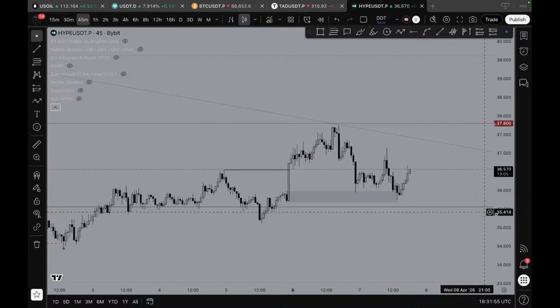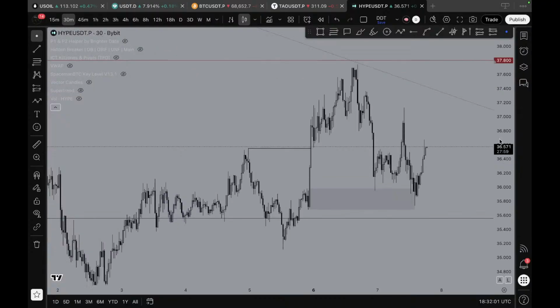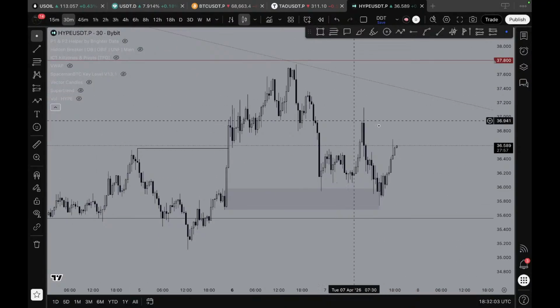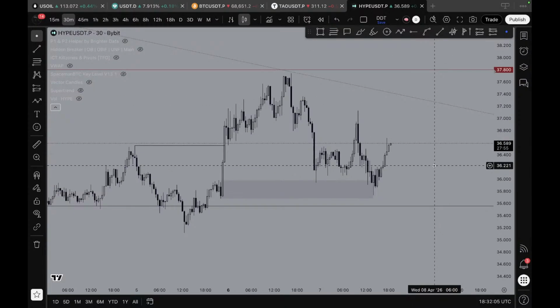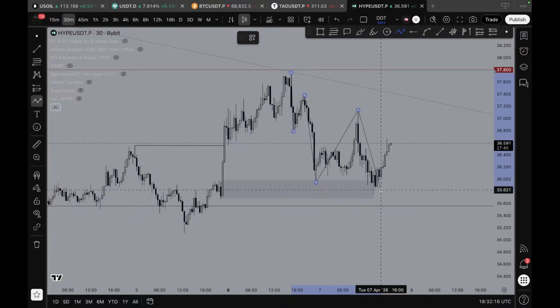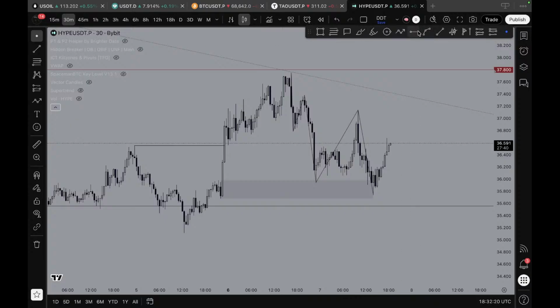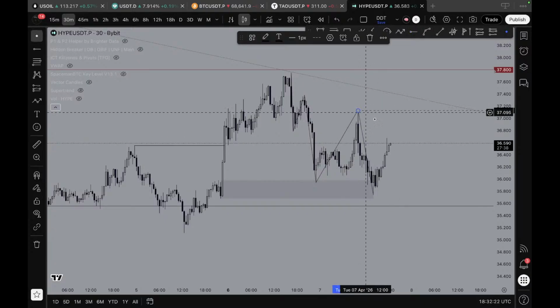It is a bit hard how it is forming itself, but I'm super interested in longs. The question only is where to get into the position. Basically, have a look from the high: low, lower high, lower low, lower high, lower low. So internally, this is our market structure high.